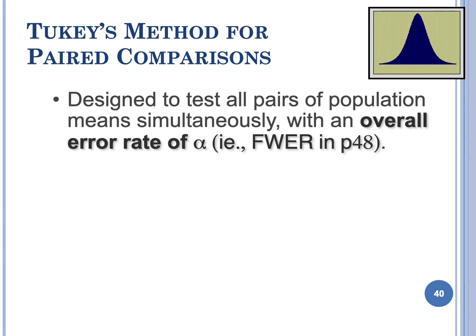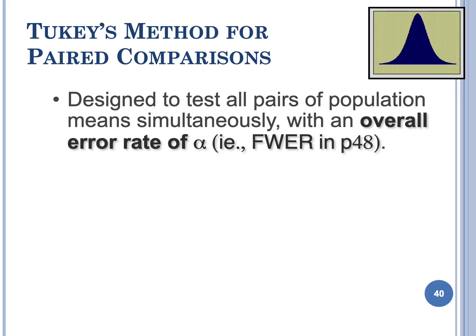The first one is that it is designed to test all pairs of population means simultaneously with an overall error rate of alpha. Here, alpha is a small probability, a level determined by the statistician or researcher. In the textbook, it only simply says that we would like to control the overall error rate at the level alpha.